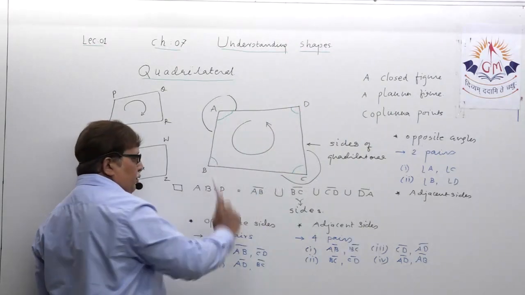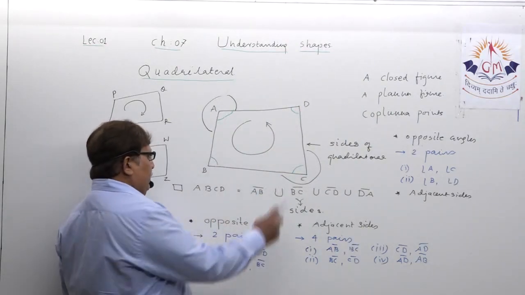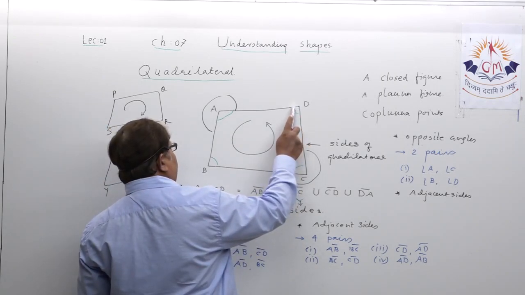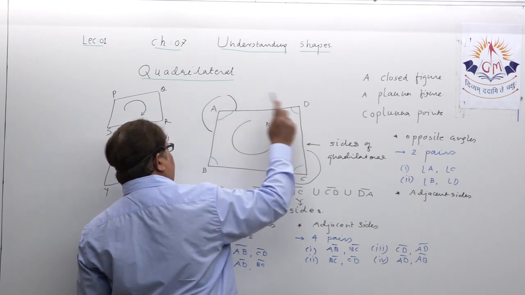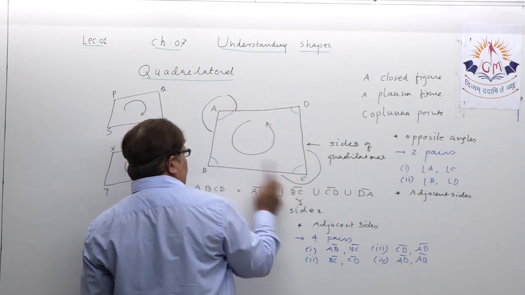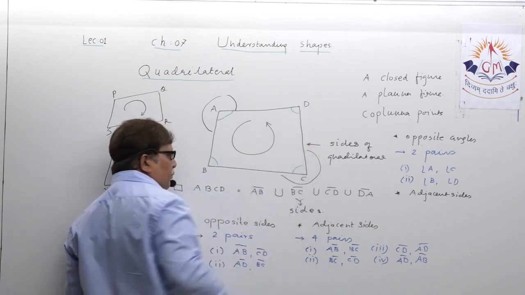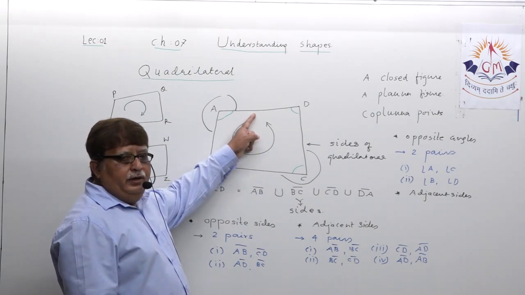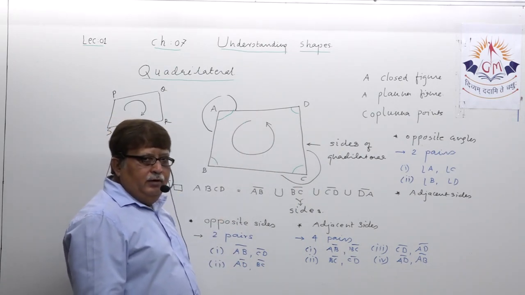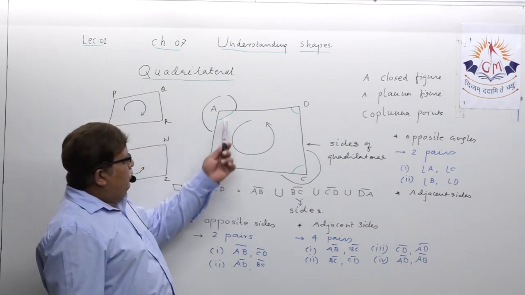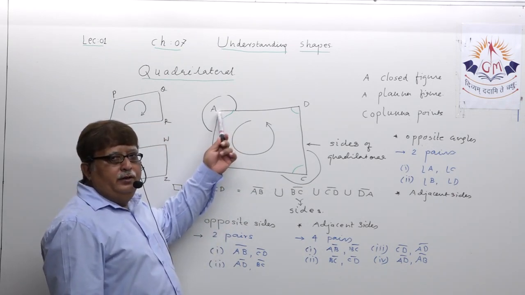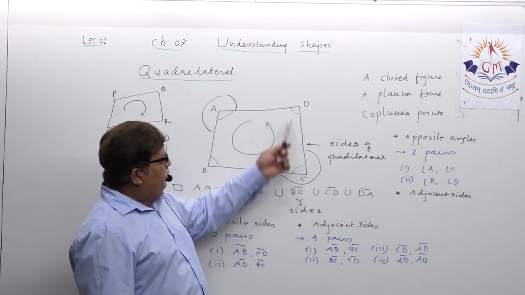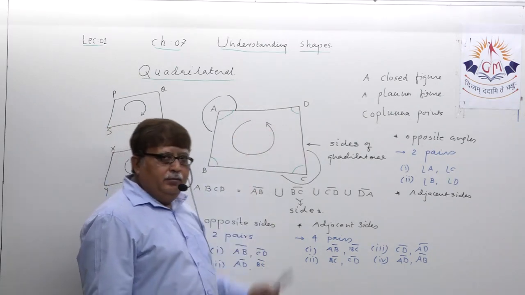D, C, B. One arm is common. Angle C and D have CD common. You speak the name of this angle. A, D, C. You speak this. B, C, D. One arm is common. Between angle A and angle D, again one arm AD is common. Speak the name of angle A, the angle B, A, angle C, D, A, one arm common.